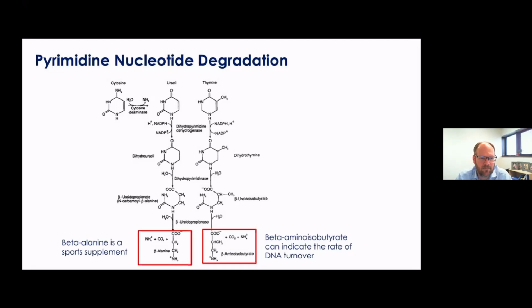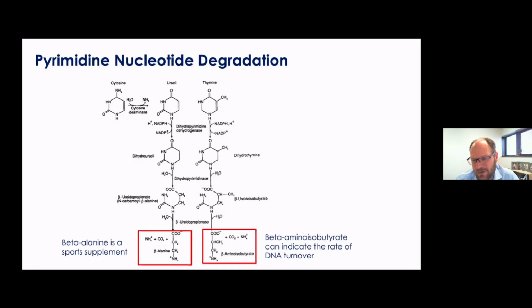The dihydropyrimidine dehydrogenase reaction converts uracil into the intermediate dihydrouracil, and that is ultimately converted into this funky intermediate, ureidopropionate, or carbamyl beta alanine, which is ultimately broken down into beta alanine.